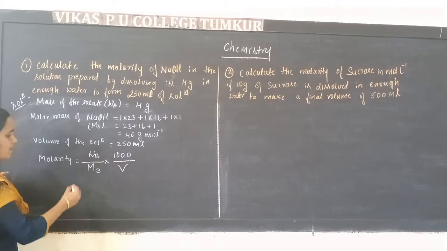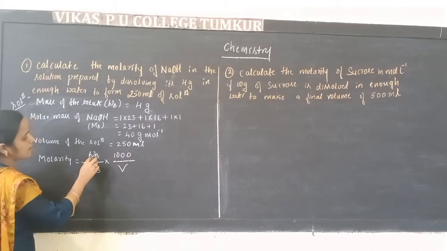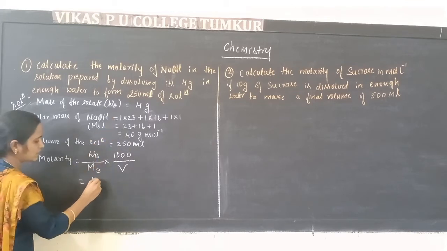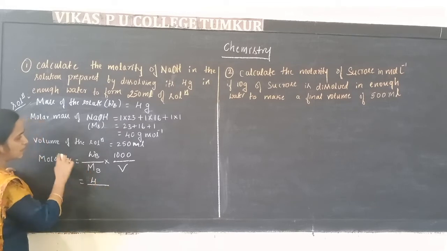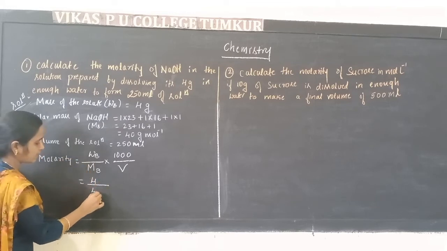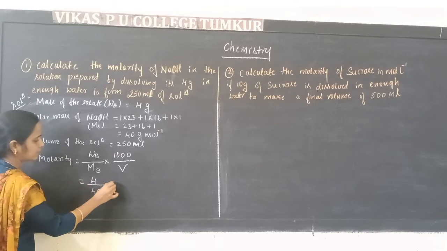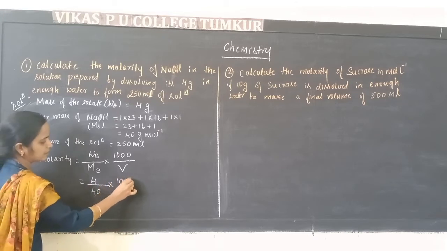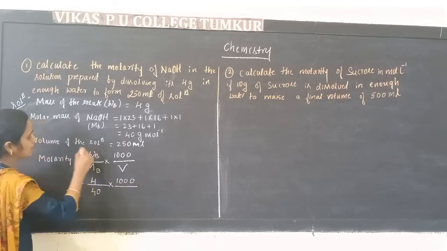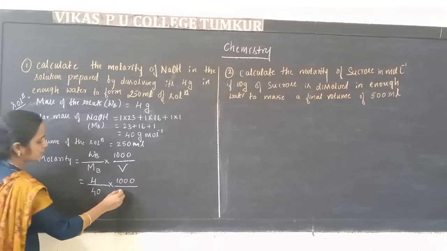Now substitute the values. The mass of the solute is 4 gram, the molar mass is 40 gram per mole, into 1000, divided by the volume of the solution, which is 250.